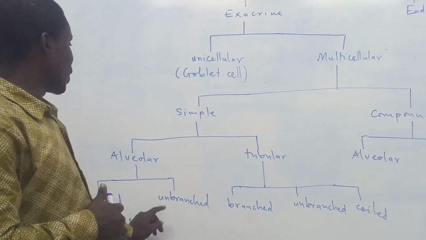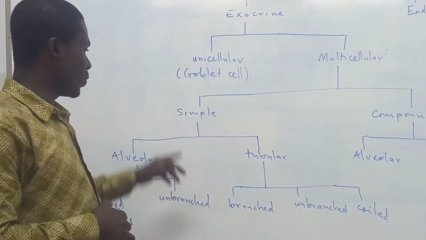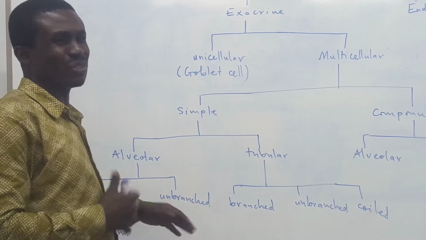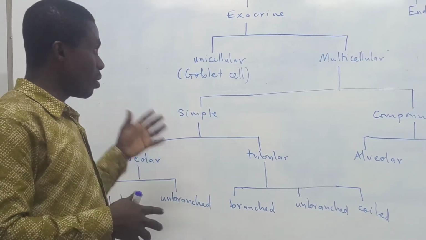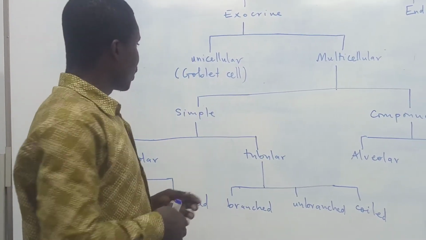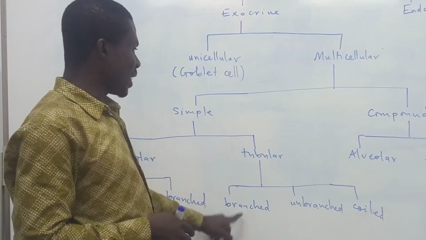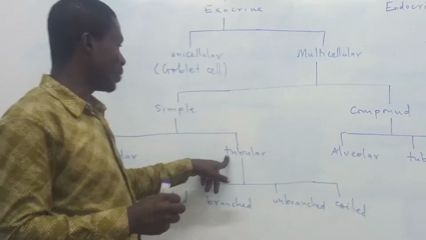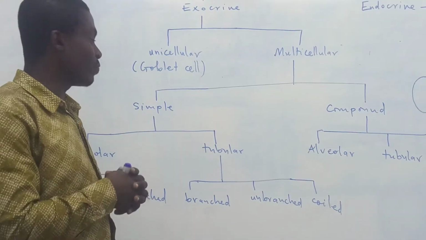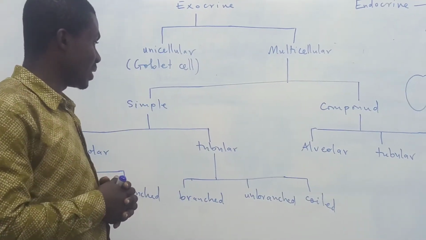Then for the unbranched, simple alveolar, usually we don't find it in human beings. It could represent a developmental stage of these glands. But for simple branched tubular, the pyloric glands of the stomach are well placed in this regard.